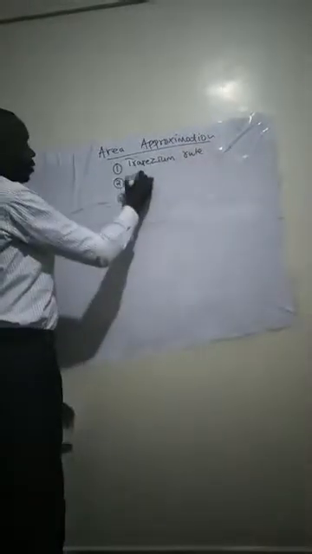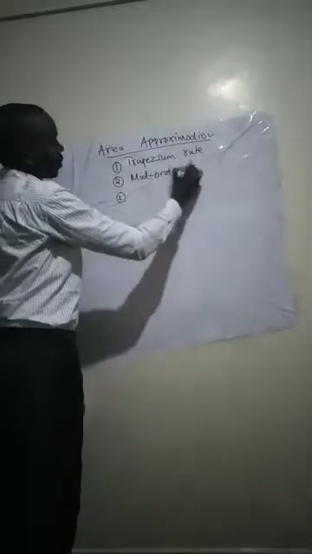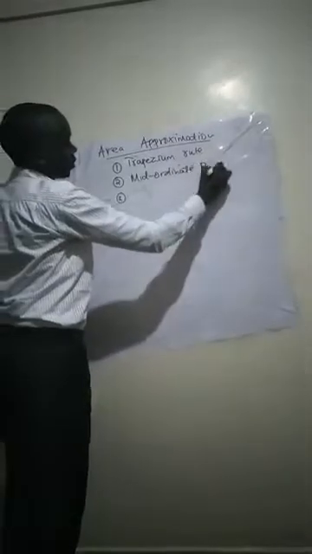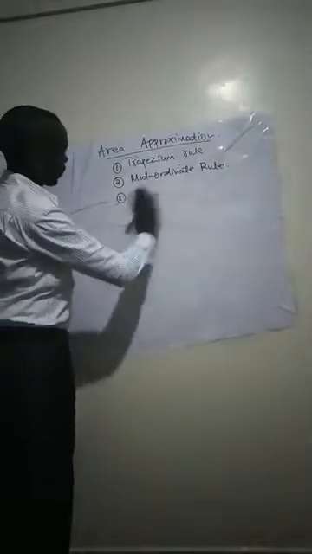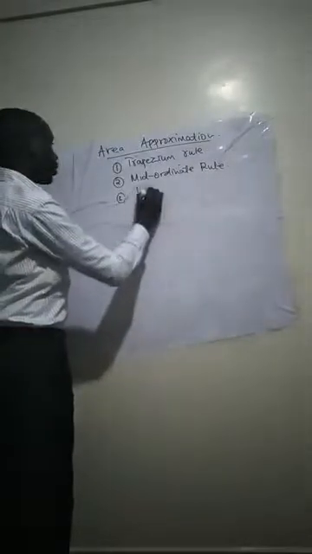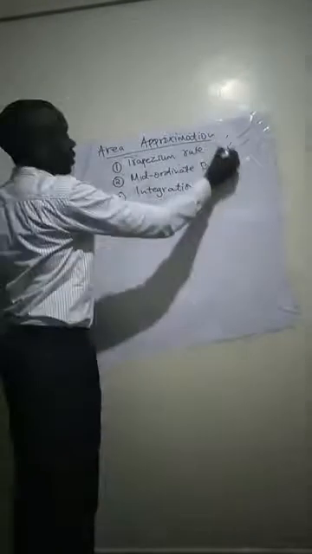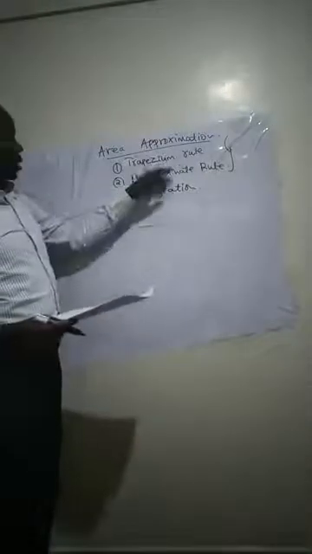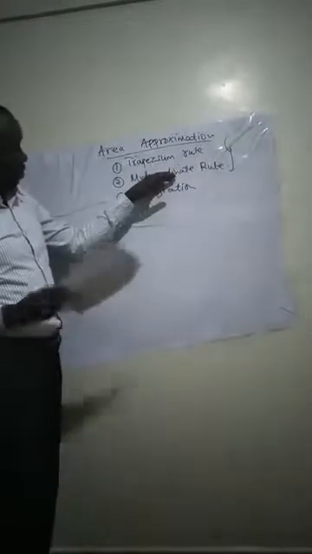The second method is the mid-ordinate rule. And the last method you might need to know is integration. Now, the first two methods are basically going to give us estimates. So the answer you get in the first two methods is basically an estimate of the area under that curve.